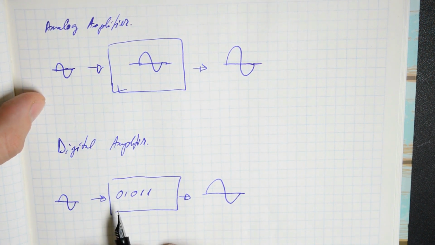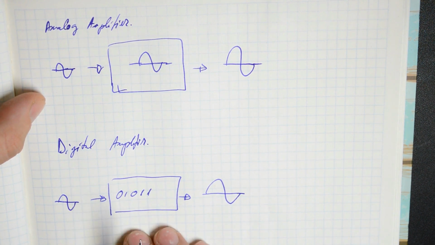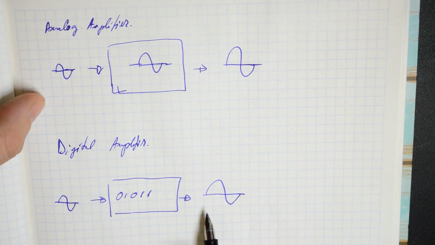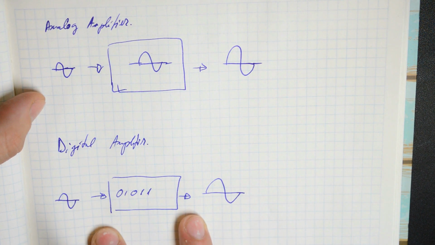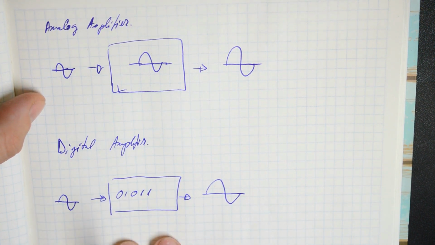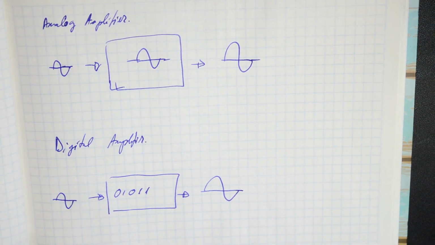A 1 is a 1 and a 0 is a 0. The only problem with this type of amplifiers is the going from the analog to digital and from digital to analog. This is where your distortions and nonlinearities are going to happen. And the prime example of such an amplifier is the D-class amplifier. So let's have a look at that.